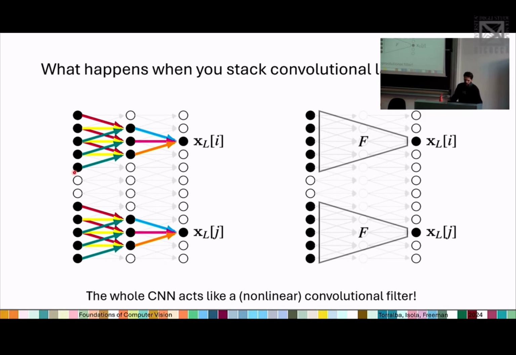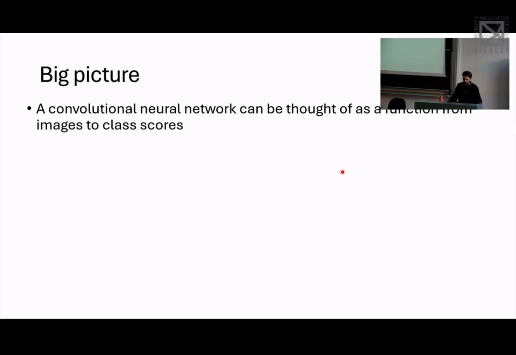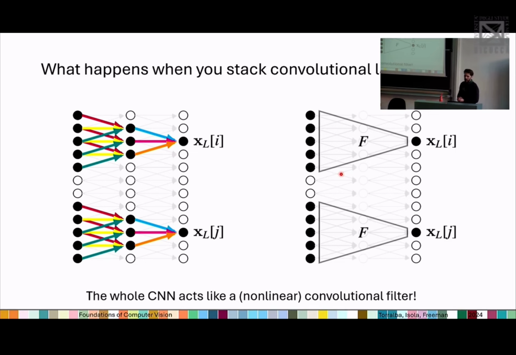So this is kind of what I said before. When you stack multiple convolutional layers one after the other, you end up with a very big nonlinear convolutional filter.